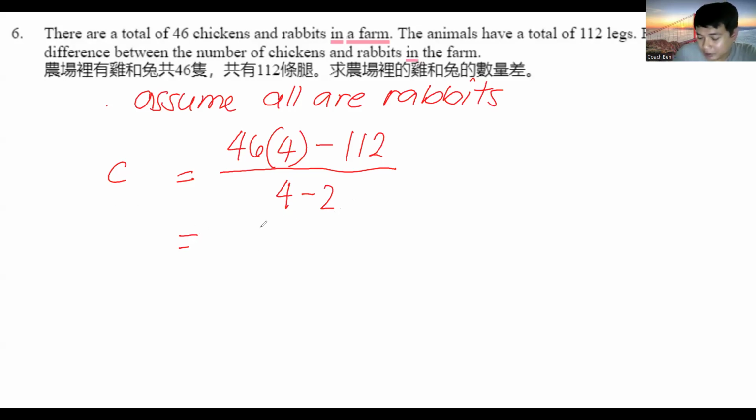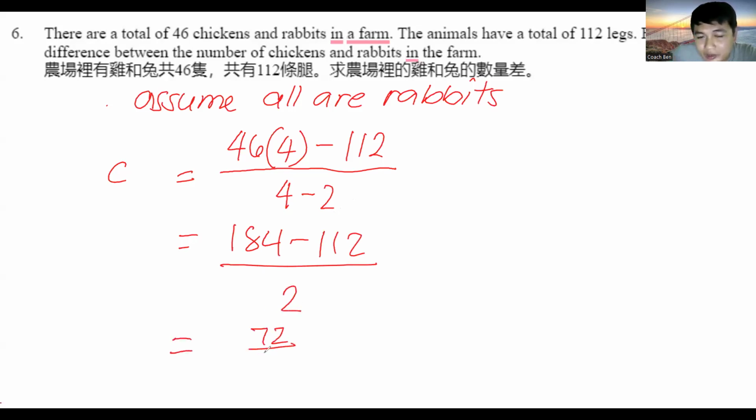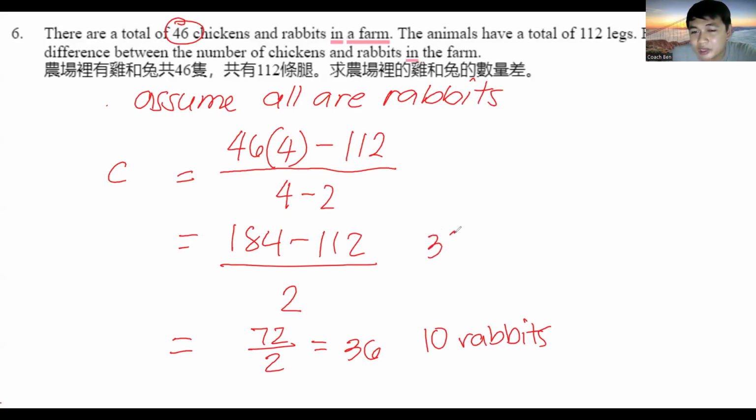So again, 46 times 4 is 184, minus 112 is 72, divided by 2. So the number of chickens is 36. And from the total of 46, that means there are 10 rabbits. Since it's asking for the difference between the number of chickens and rabbits, the final answer should be 36 minus 10, 26. Okay? So does anybody have any questions for number 6?